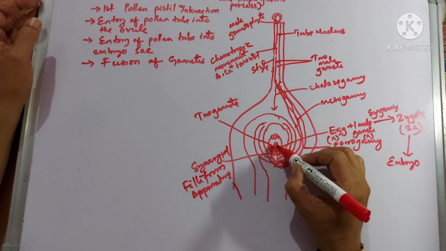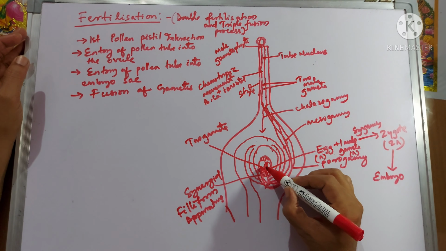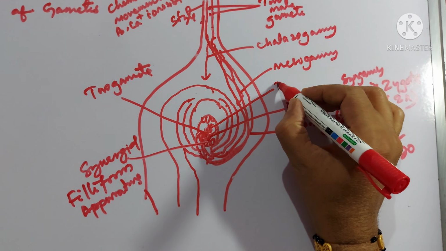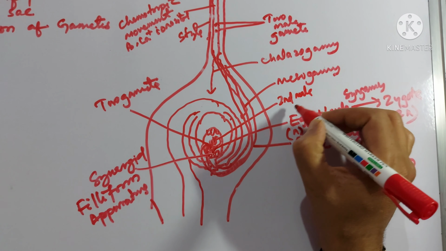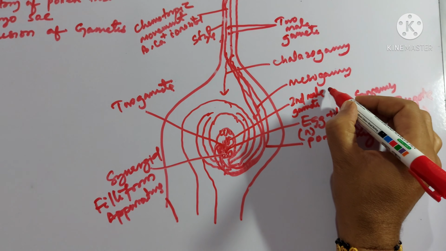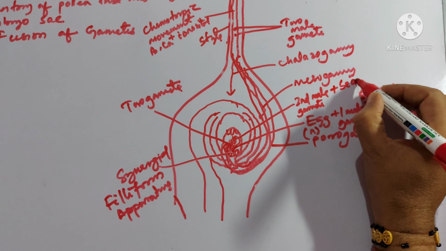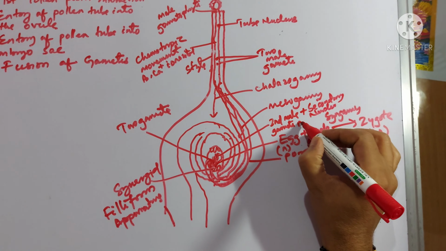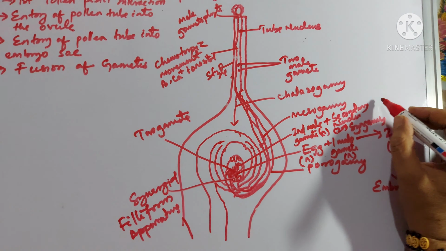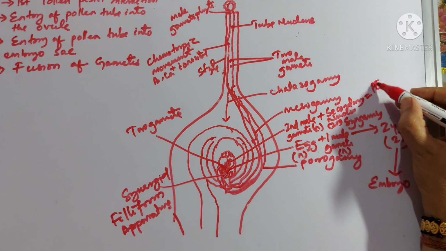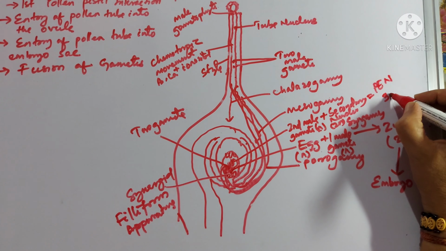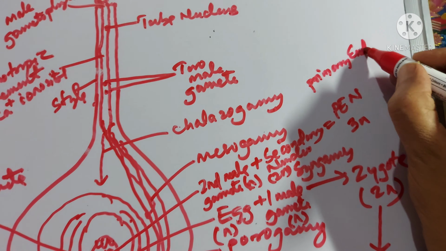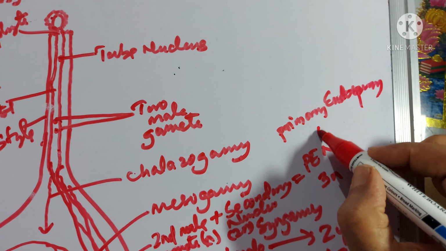Then the second male gamete fuses with the secondary nucleus. This is n and this is 2n, resulting in the PEN, which is 3n, the primary endosperm nucleus.